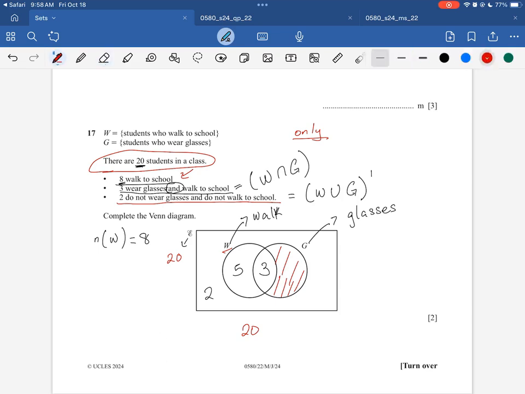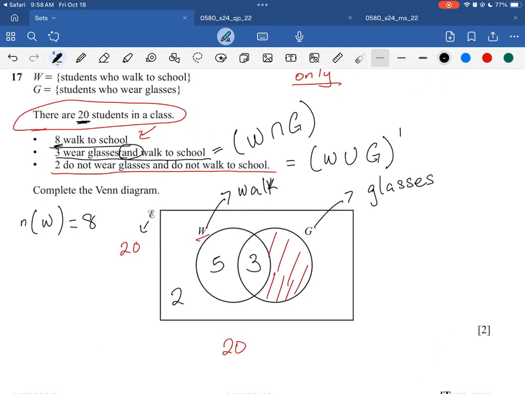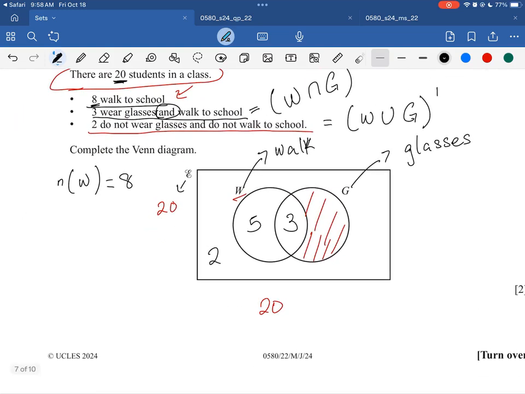How do I put this in notation? G only. I'm just going to write it like that.